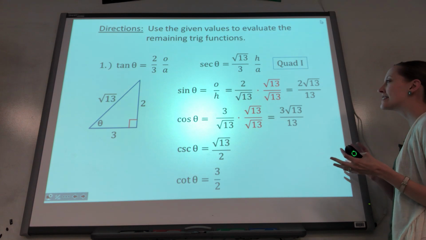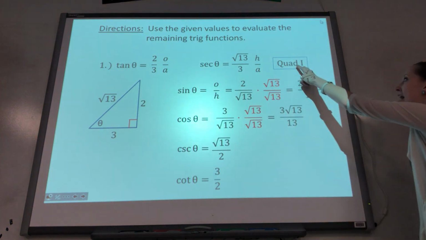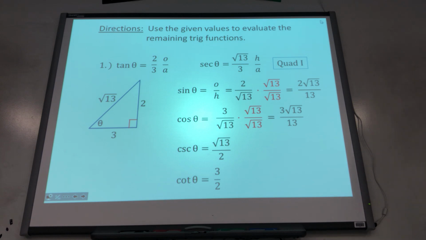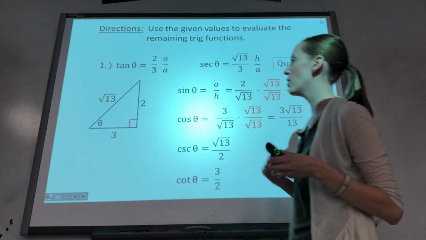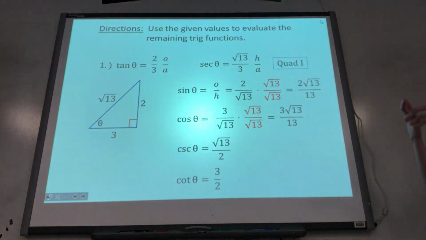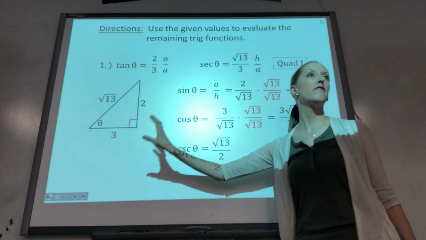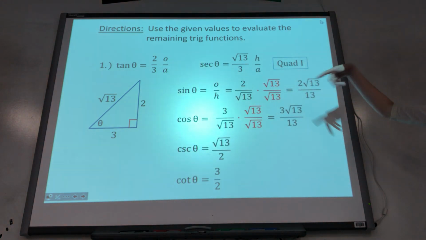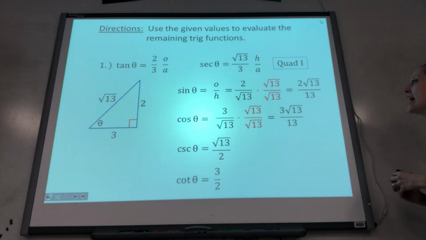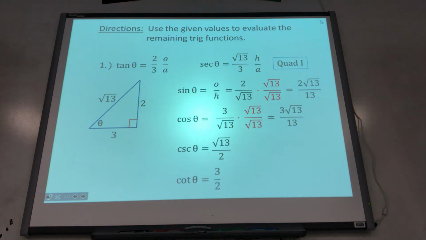A couple other things that I remember happened in our notes. First of all, you may not always be in quadrant 1. If you're in a different quadrant, your triangle will be different, of course, but then some of your sides could be negative. So negatives are something to look out for. We didn't have any here because we were in quadrant 1, but just telling you that could happen. And also, we had to look out for suspicious fractions.